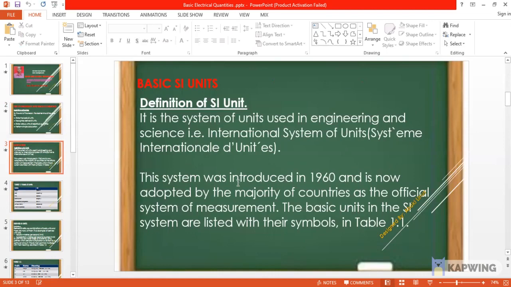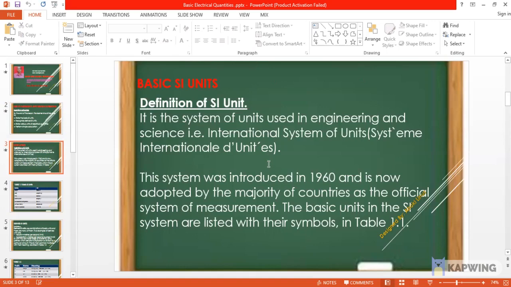Crispus: The SI units are a set of units that are used for various measurements in engineering and science. Yeah, correct. Thank you.